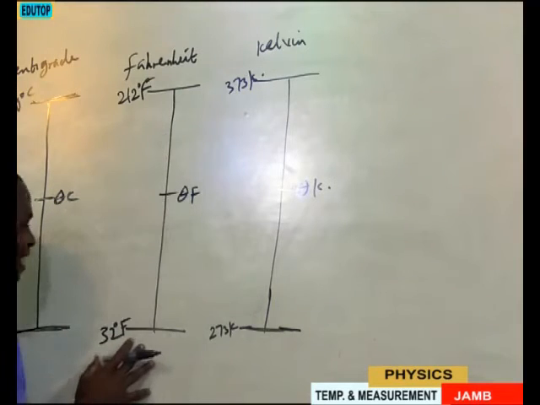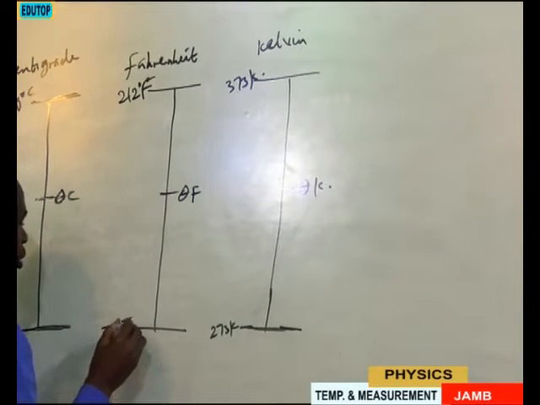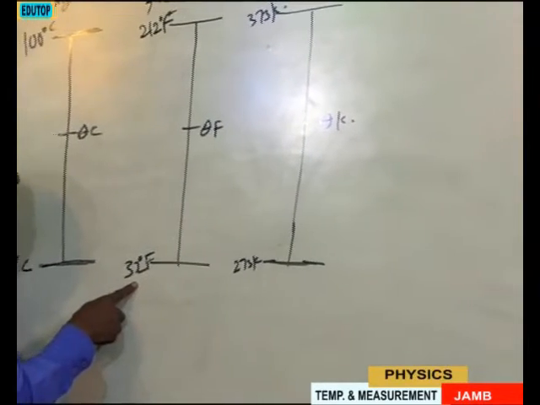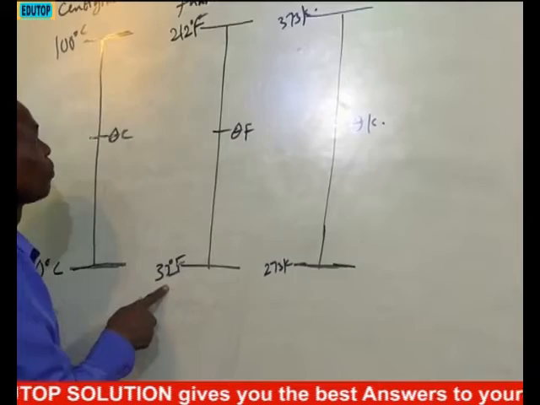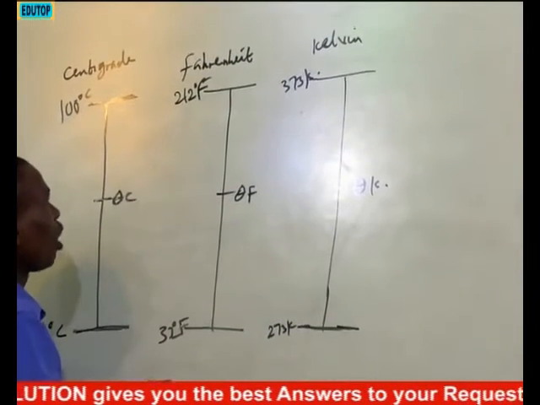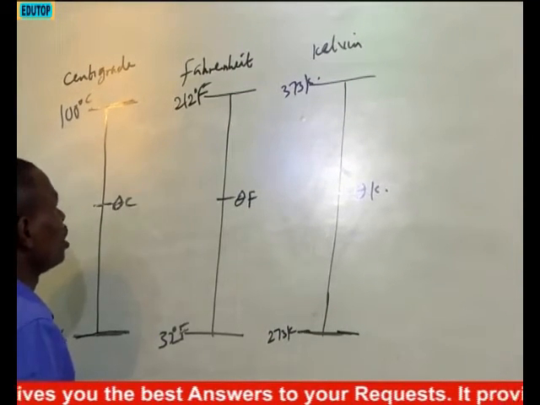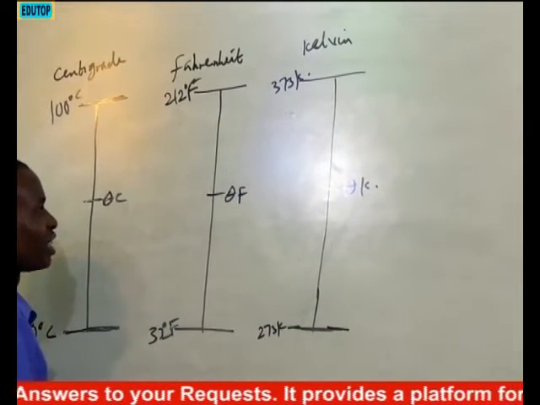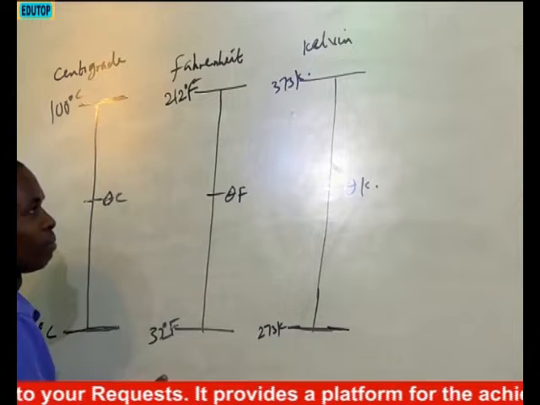For the Fahrenheit scale, the lower fixed point is 32 degrees Fahrenheit, and the upper fixed point is 212 degrees Fahrenheit. And this is the value to be determined.